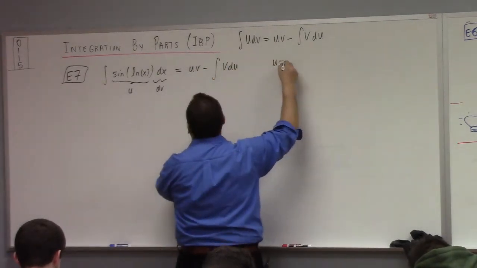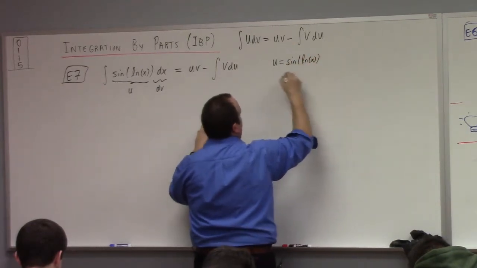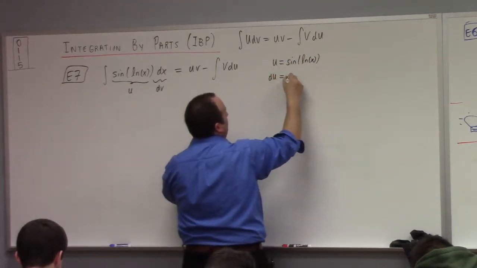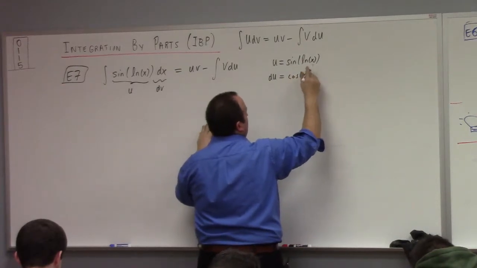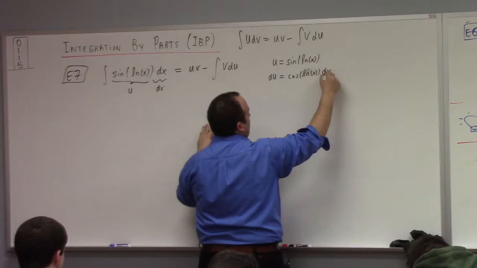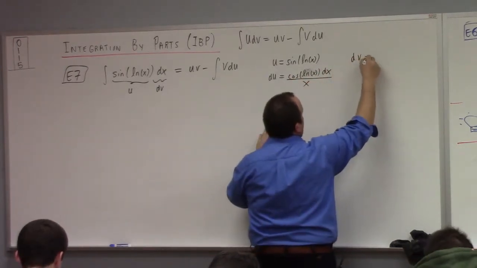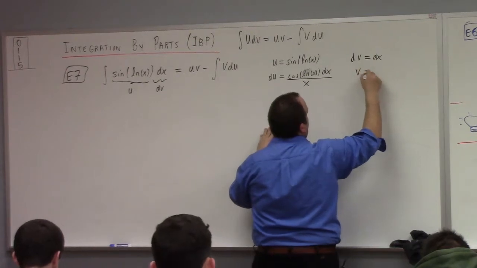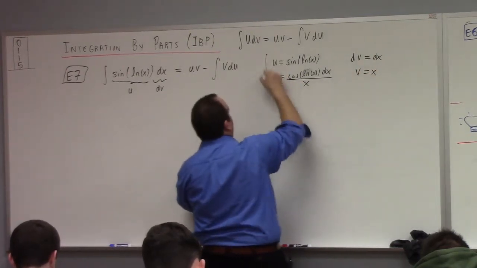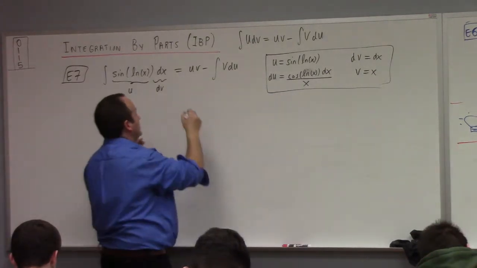So my u was sine. What's the derivative of sine of the log of x? Looks like we got cosine of the log of x, dx over x. And so what's that going to give us?